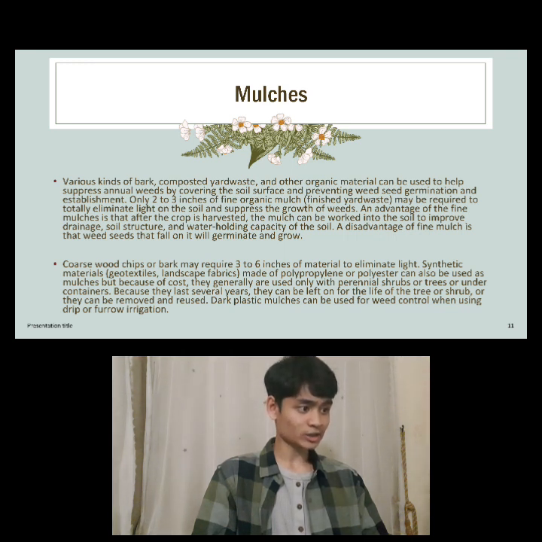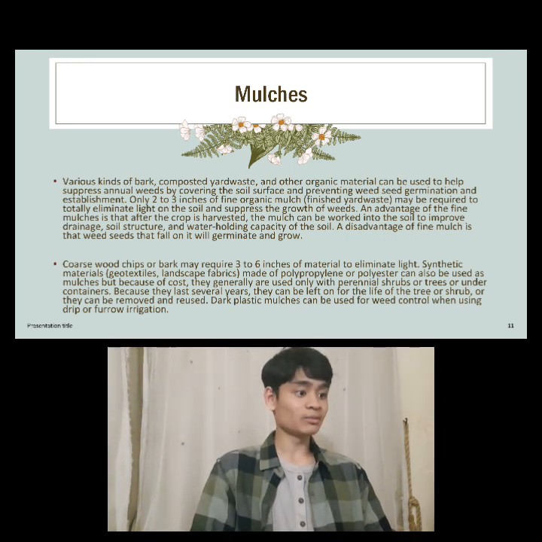An advantage of fine mulches is that after the crop is harvested, the mulch can be worked into the soil and improve drainage, soil structure, and water holding capacity of the soil. A disadvantage of fine mulch is that weed seeds that fall on it will germinate and grow. Coarse wood chips or bark may require 3 to 6 inches of material to eliminate light.